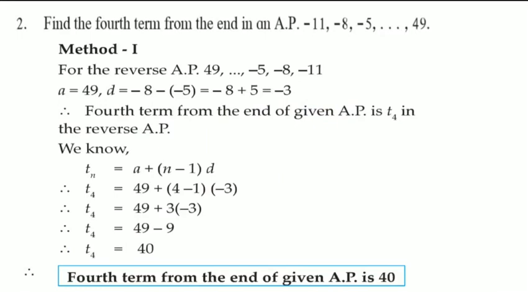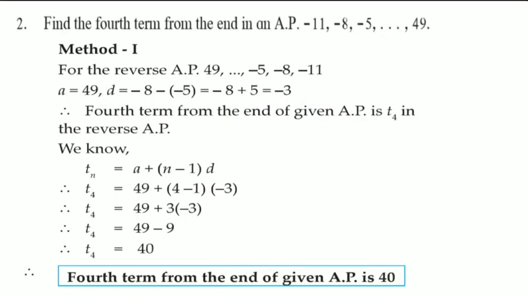We know that Tn is equal to A plus (n minus 1) outside the bracket D. Let us put the values. A is 49, n is 4 and D is -3. Therefore, T4 is equal to 49 plus (4 minus 1) outside the bracket (-3).